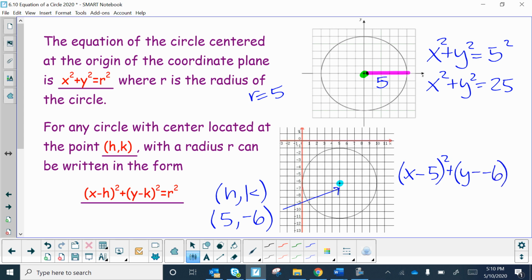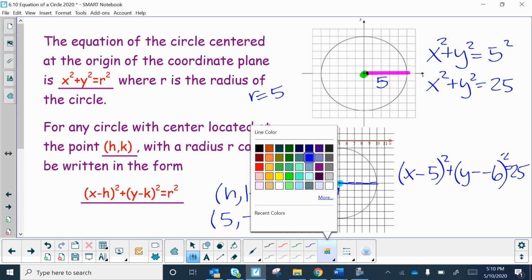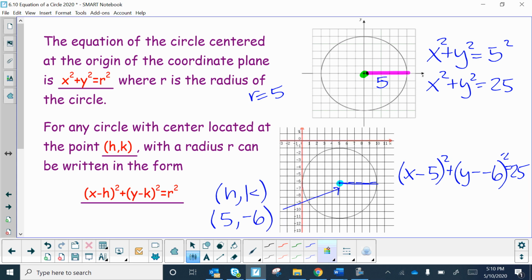So minus a negative, you know what to do with that. Squared equals, what's the radius here? Let's count it out: 1, 2, 3, 4, 5 again. So the radius was 5, and I'm just going to write 25. The only other thing you will want to do is make sure you turn that to a plus sign right there.